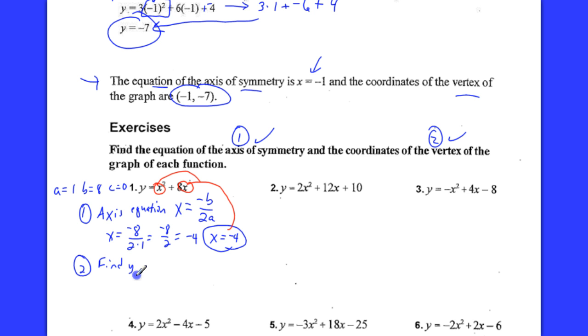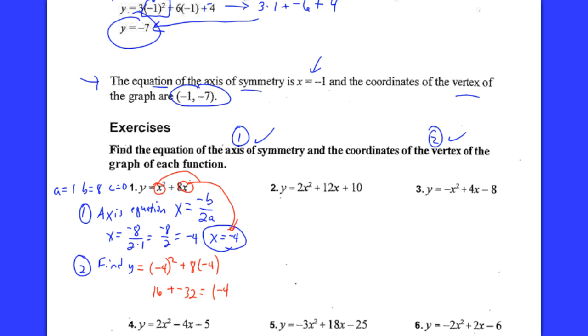All right, so finding this y, we have y is equal to x squared. Now when you put that negative 4 in there, it's in parentheses. It's negative 4 squared plus 8 times negative 4. So negative 4 times negative 4 is positive 16, plus 8 times negative 4 is negative 32, and that is equal to negative 16.